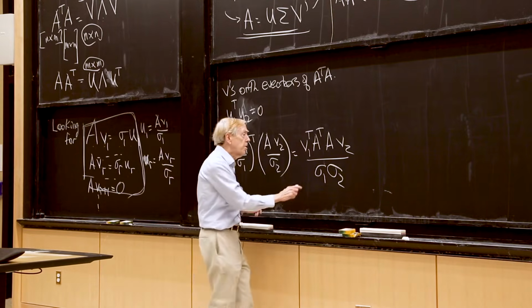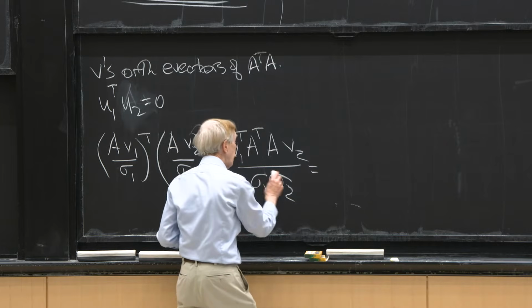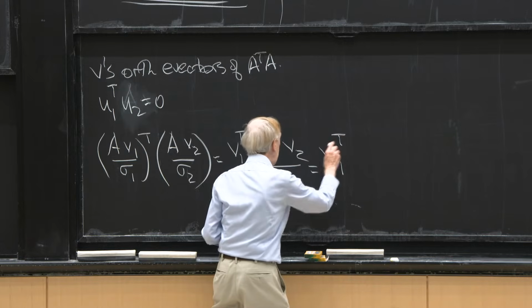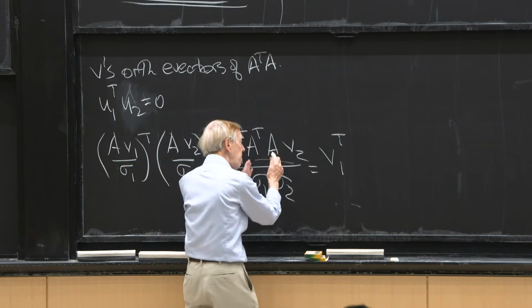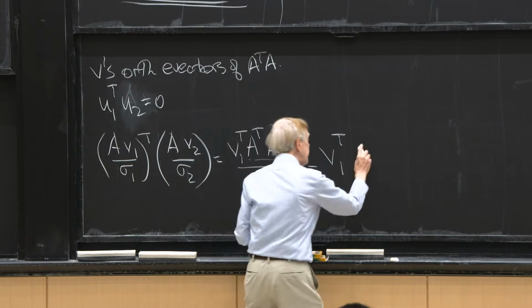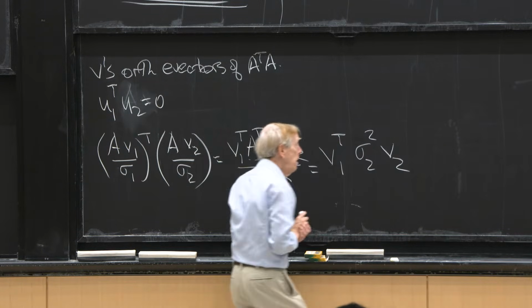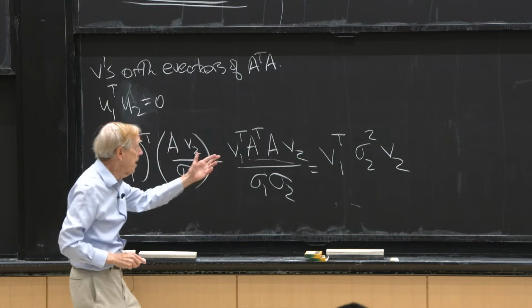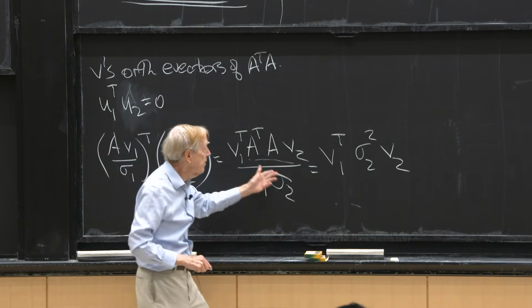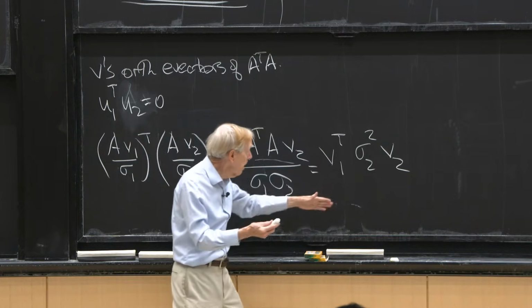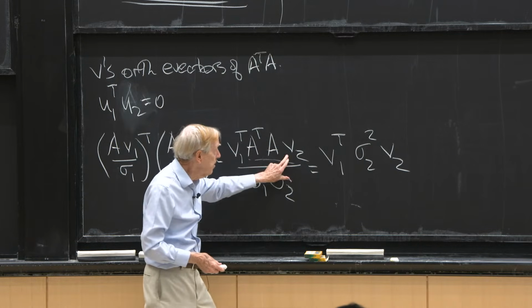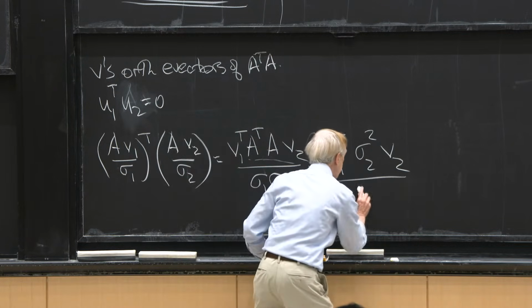Terrific. So this is V1 transpose, and this is the matrix times V2, so that's the eigenvector with eigenvalue sigma 2 squared times V2, divided by sigma 1, sigma 2.